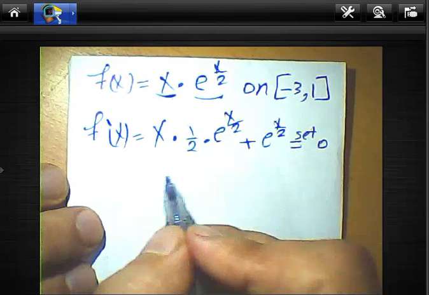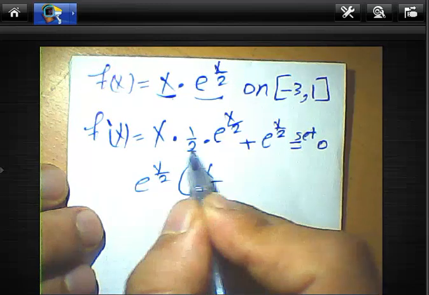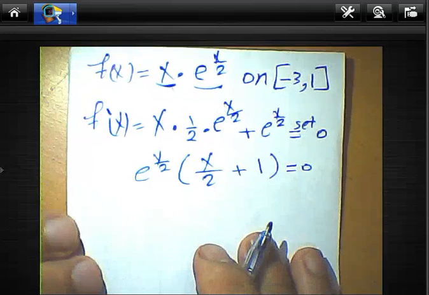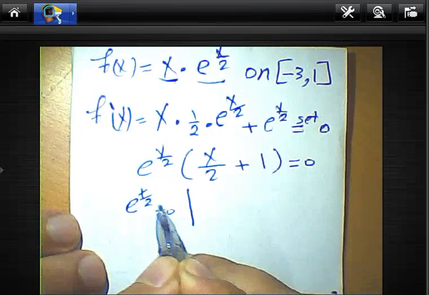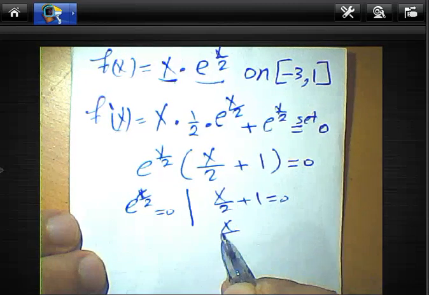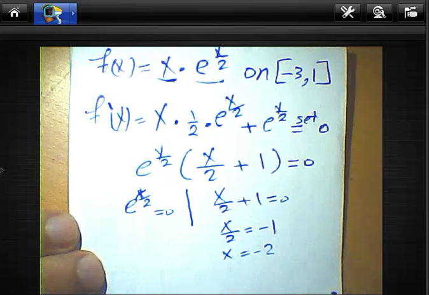Then we can write e to the power x over 2 outside, and the result will be x over 2 plus 1. All this expression equals 0, so we must have e to the power x over 2 equals 0, or x over 2 plus 1 equals 0. Then x over 2 equals negative 1, so x equals negative 2.